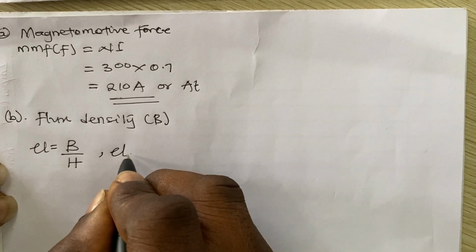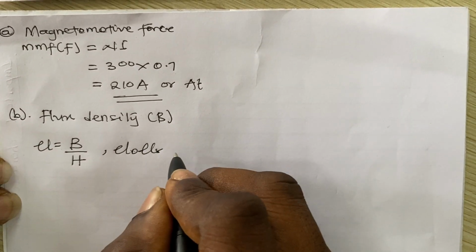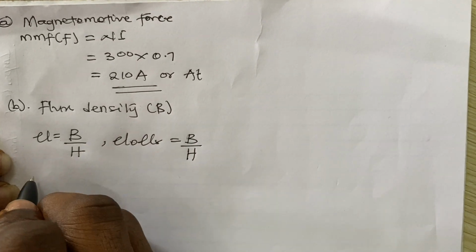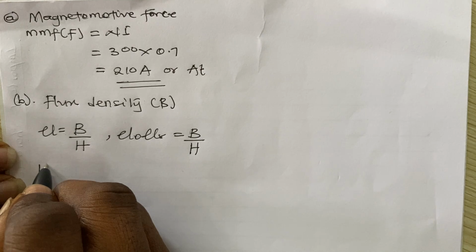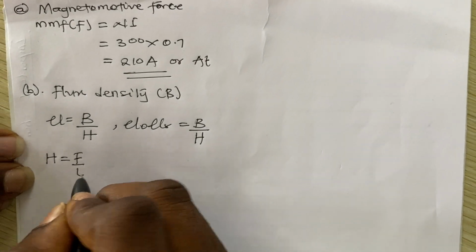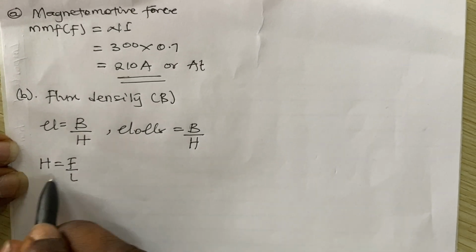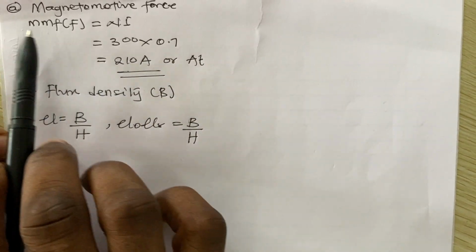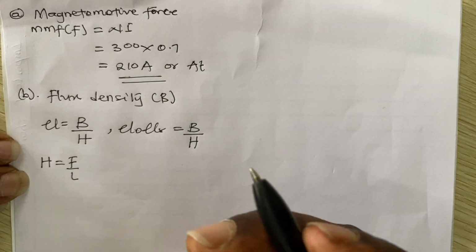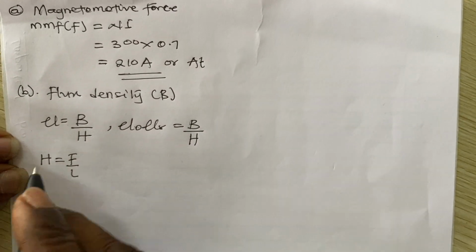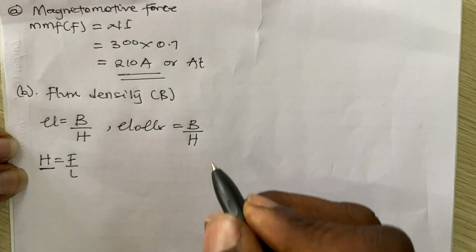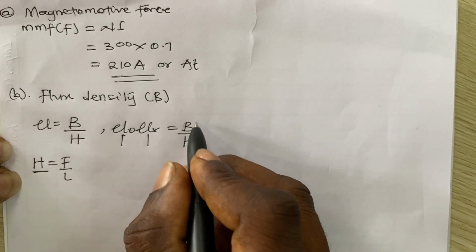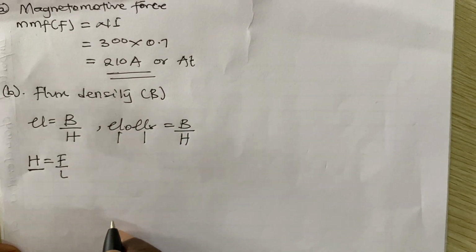And this can be expanded as mu naught mu r is equal to B on H. Now from the formula H is equal to F on L, we can find the value for H using the F from the previous solution in A, and with H being found, and mu naught and mu r being known, we can find the flux density.